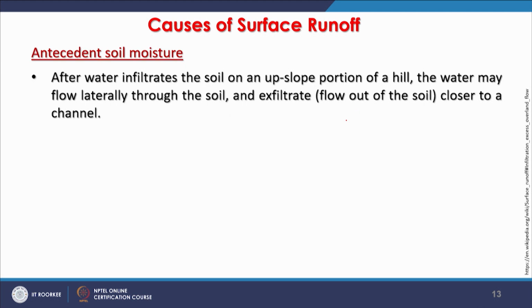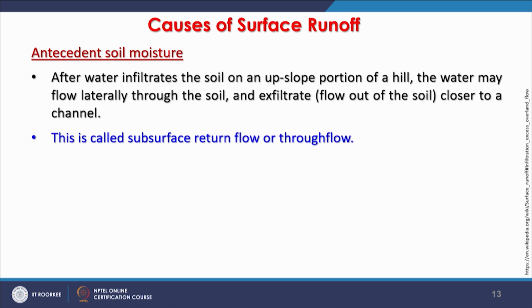Now, we have touched this part. So, let us see what antecedent soil moisture basically is: after water infiltrates the soil on an upslope portion of the hill, the water may flow laterally through the soil and exfiltrate, flow out of the soil close to the channel.